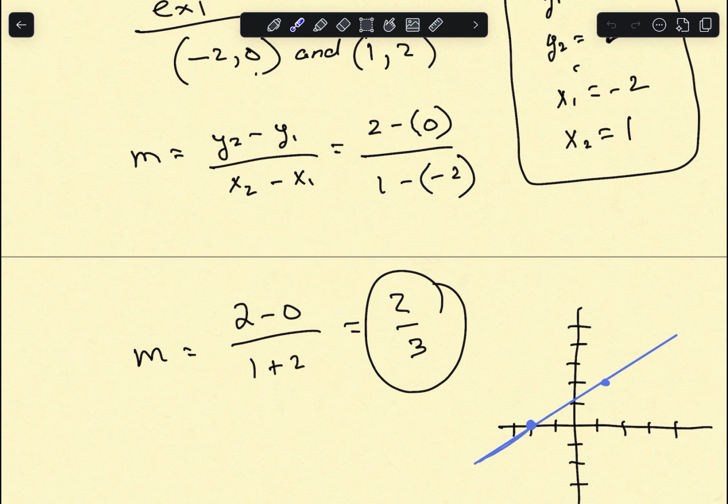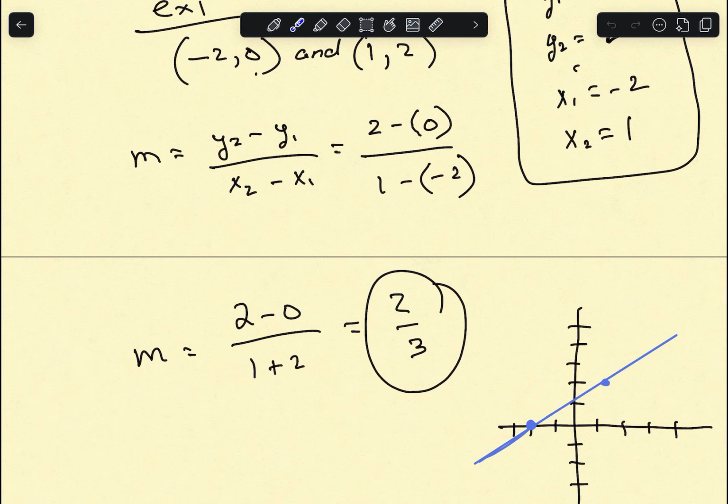Now that you have this point, you place it there, and then you just draw your line straight across, and that gives you your line. If you look at this line, it's going upwards. It's going up, not down.